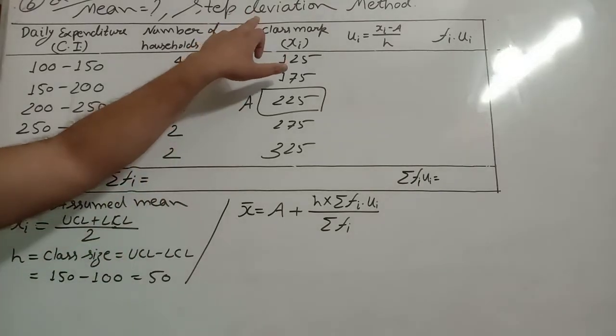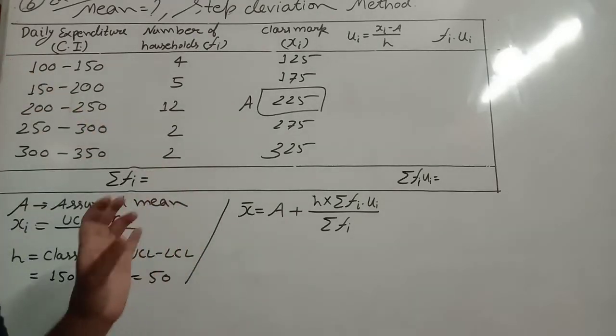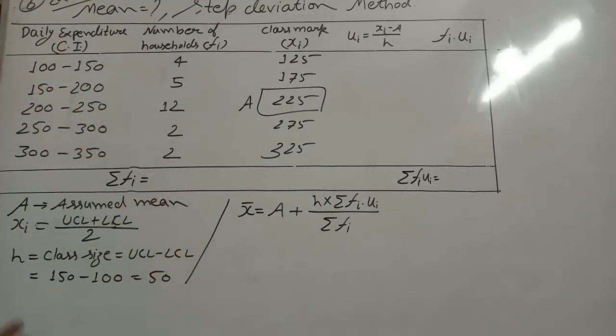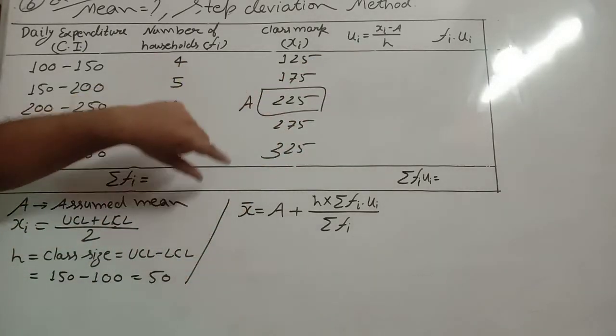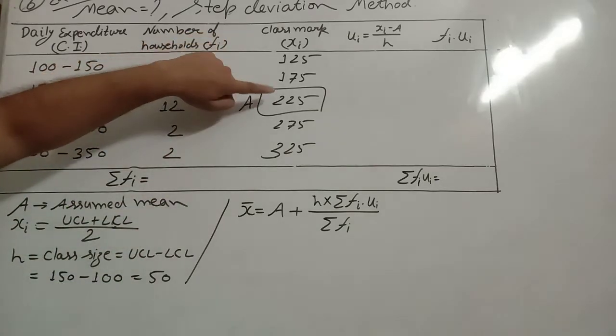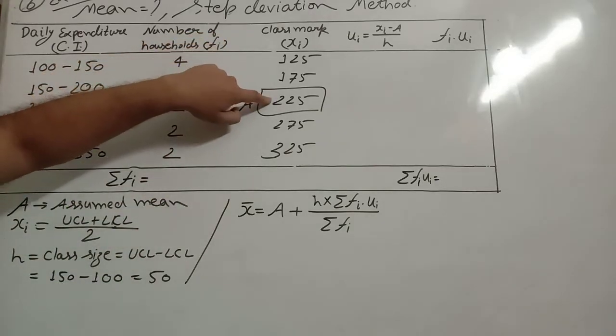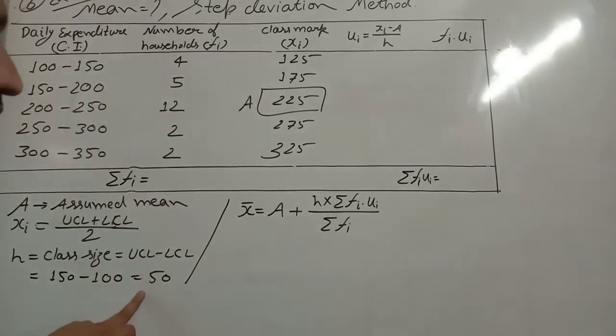So it is a foundation for step deviation method. Class size must be the same in every class interval. So what is the value of class size? 50. Now find ui, xi minus a upon h. xi में से a को माइनस करेंगे, the values: minus 100, and minus 100 divided by 50 we get minus 2.